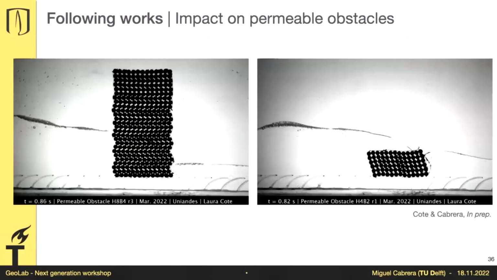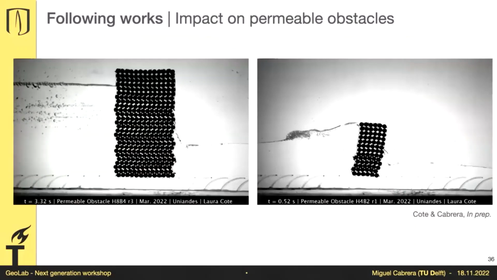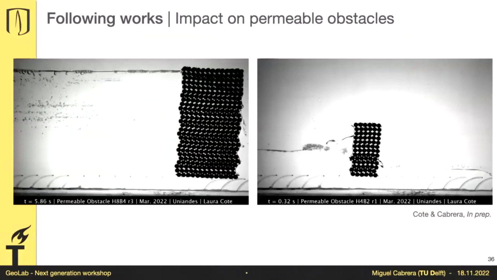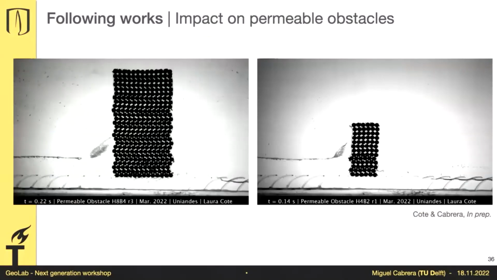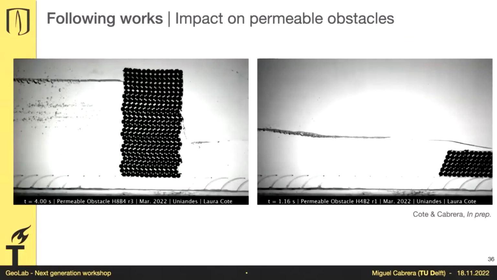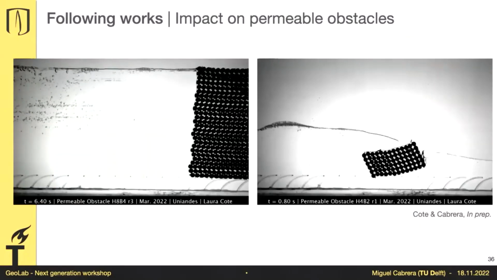And finally, I added just this one because of the nice experiments that Yanis showed us yesterday. This is just an impact on a permeable obstacle. What you have here is something that might be wrong, but might become useful, because it tells you that water is percolating through the permeable obstacle. What you see on the bottom, these eyelashes, are analog displacement sensors.